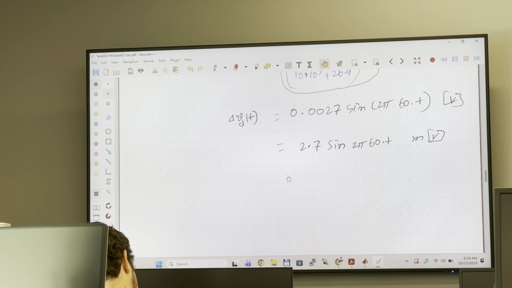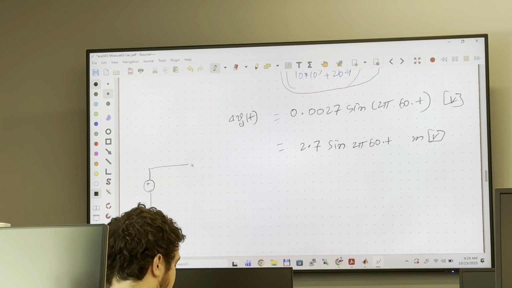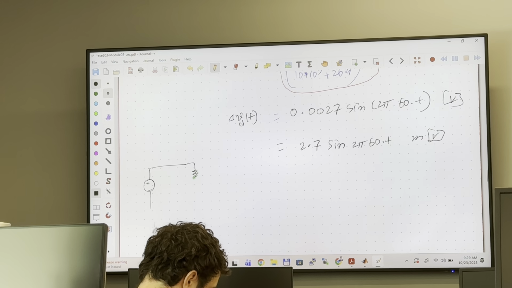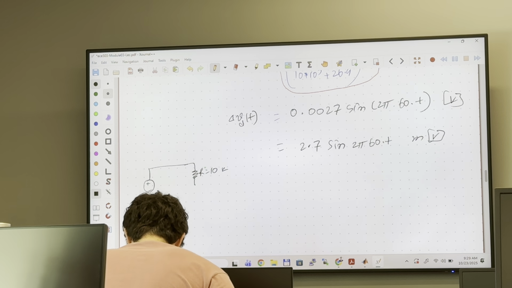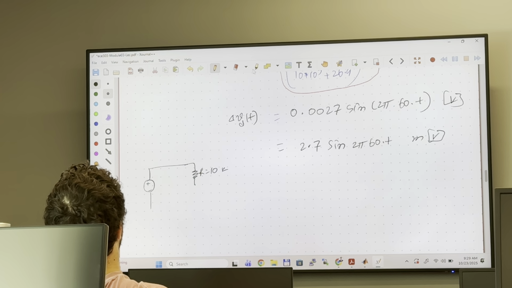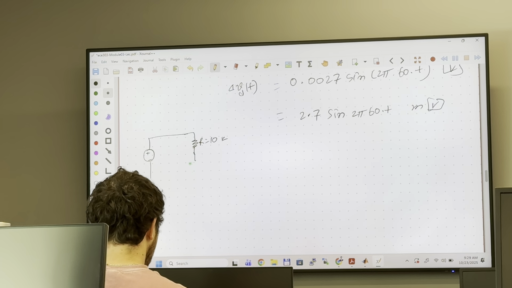Now, graphically, if we plot vd, we have positive, negative. This is the resistance R, which is 10K. And then we have a diode.